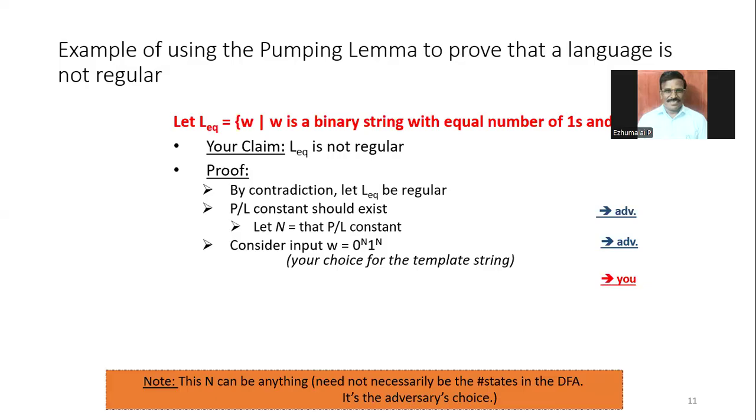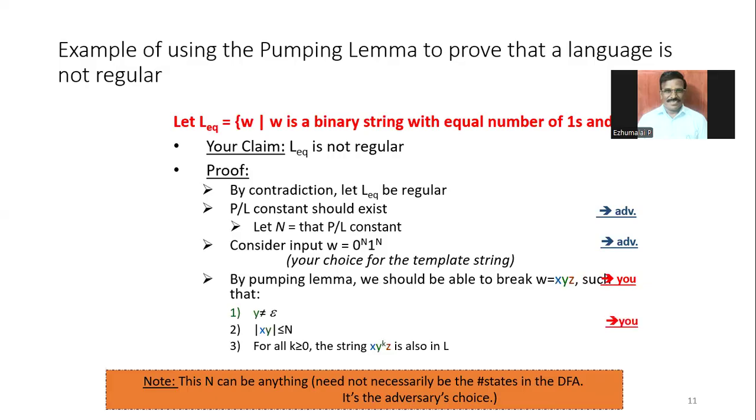Consider the input 0^n 1^n, our choice: n zeros followed by n ones. By the pumping lemma, we should be able to break w into x, y, z such that y is not empty, |xy| is less than or equal to n, and for all k greater than or equal to 0, the string x y^k z is also in L. This is the pumping lemma concept.